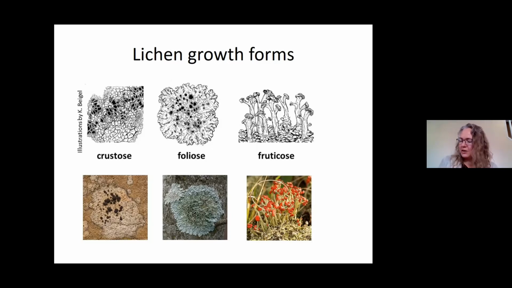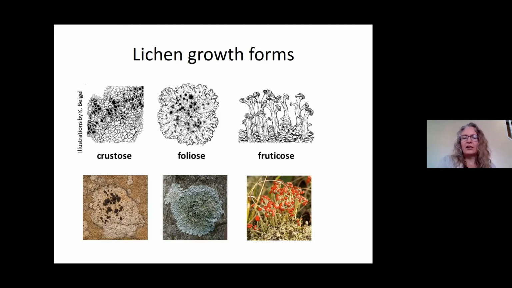So I think the thing that we see most often in the Twin Cities are foliose lichens. These are ones that tend to grow on the bark of trees. We don't have them very often on rocks just because there's enough pollution that the rock growing ones we tend not to see. We call them foliose because they're supposed to look a little bit leaf-like.